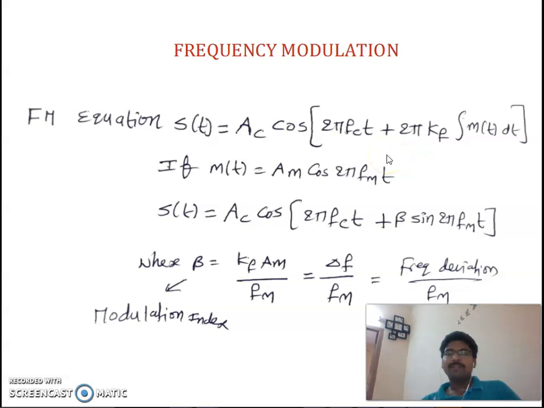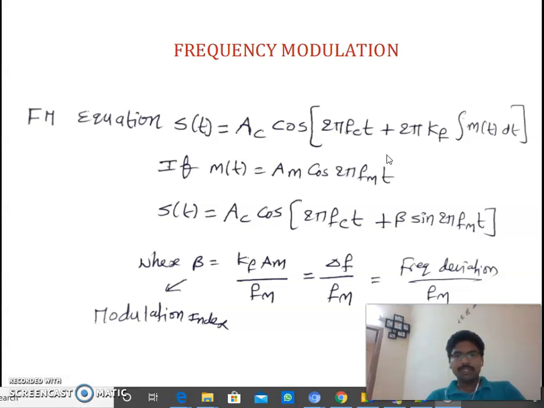But the frequency f is changing like fc plus kf into m of t, right? And we know that the phase is nothing but the integration of the frequency. So this phase term is obtained by integrating the fc plus kf into m of t term. That is, integration of fc is fc into t, plus kf integral of m of t dt.